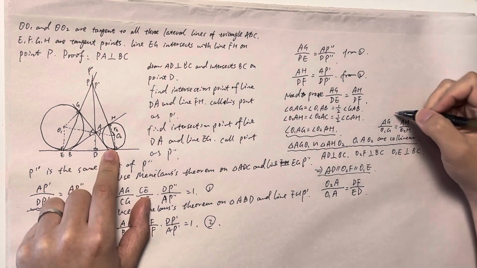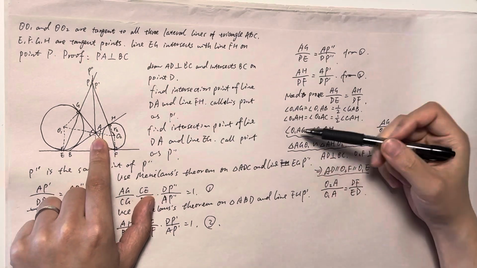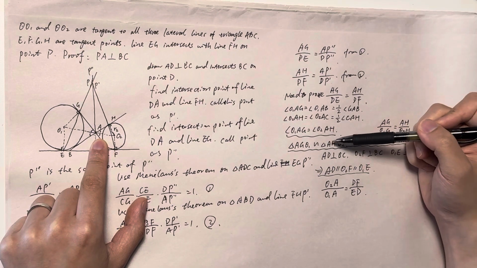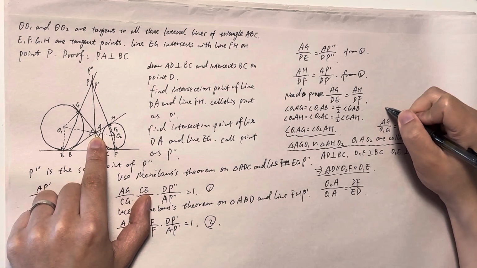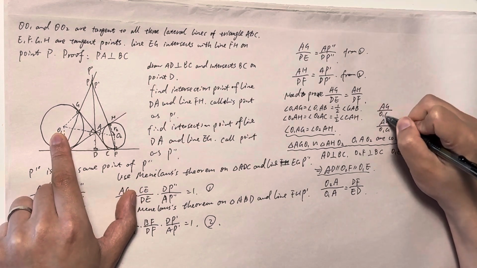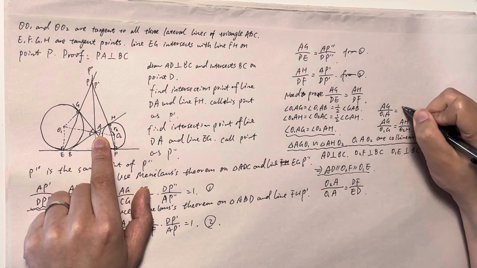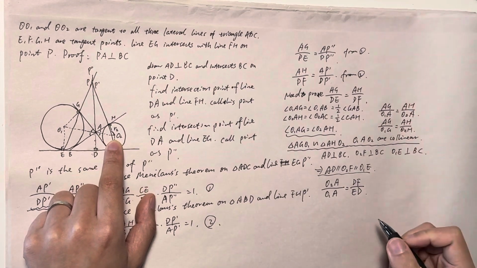Here we have another ratio. Because the triangles AGO1 and AHO2 are similar, the ratio of AG to O1A equals the ratio of AH to O2A.